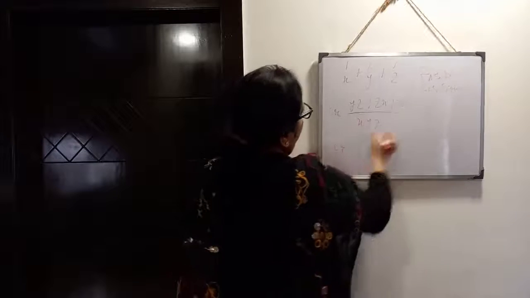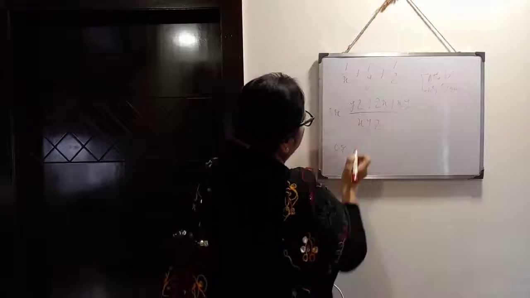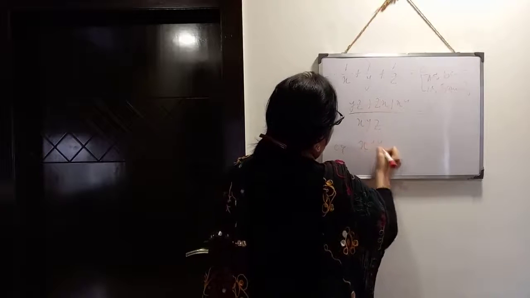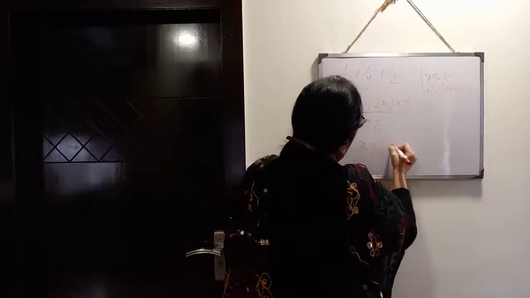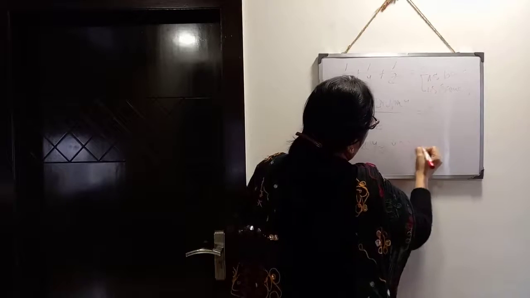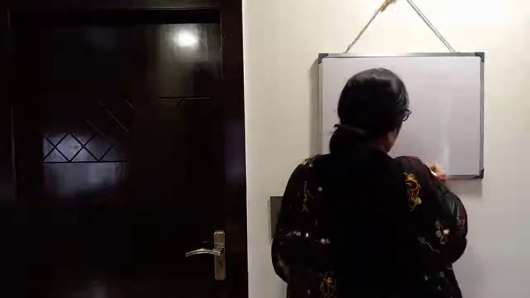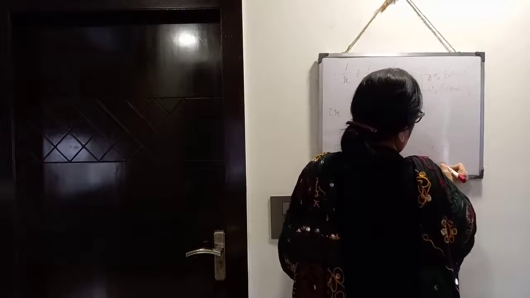Now after cross multiplication, this into 0 means 0. So from here I am maintaining the order: xy plus yz plus zx equals 0. So this we have to prove. So it is proved.